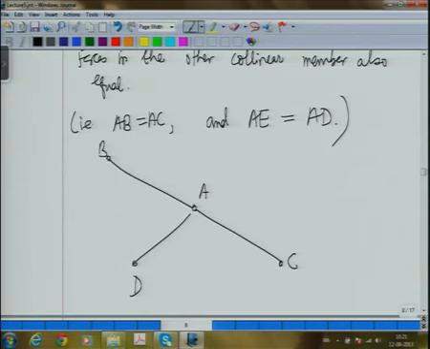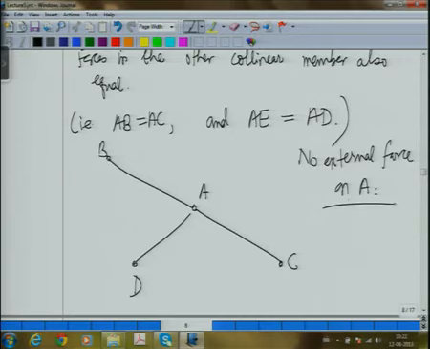And there is no external force acting on AD. So now this is on point A, so no external force on A. What can you say about the force on AD? Force on AD has to be 0. Is that clear?